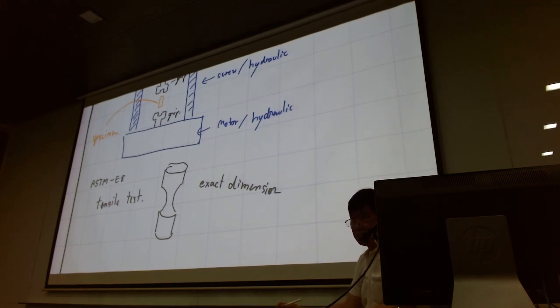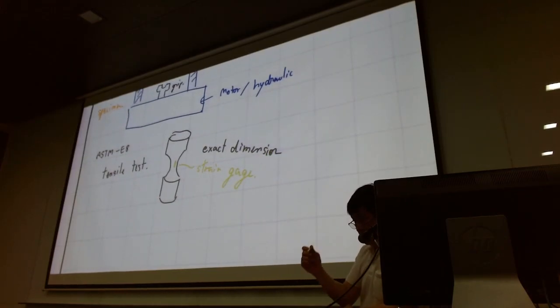This is for repeatability. When you do the test, you have this specimen, you do the test, and then what you do is you attach strain gauge. Or sometimes you attach what we call extensometer.